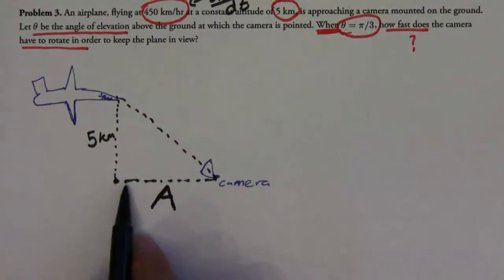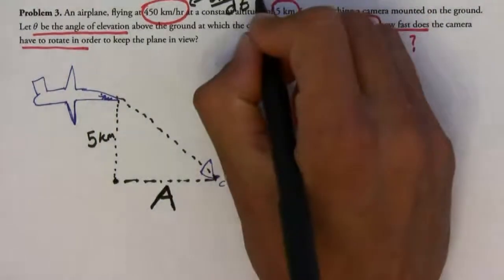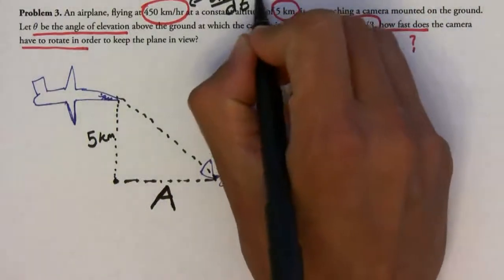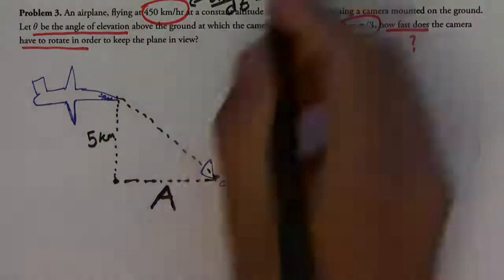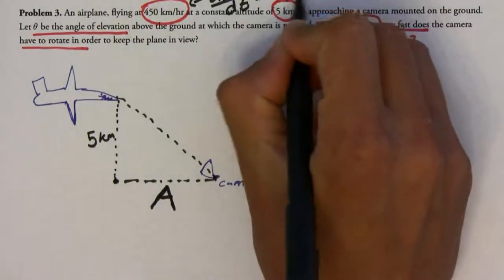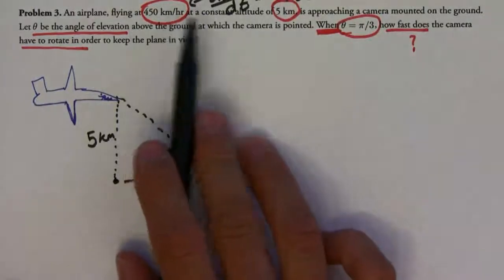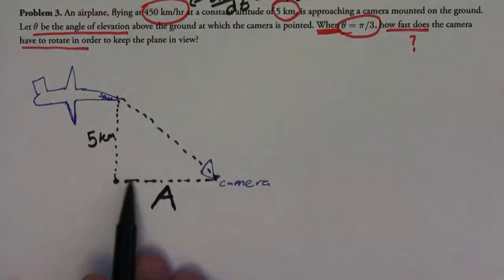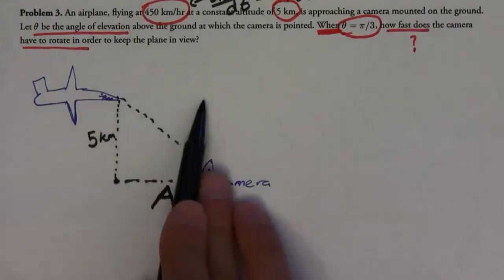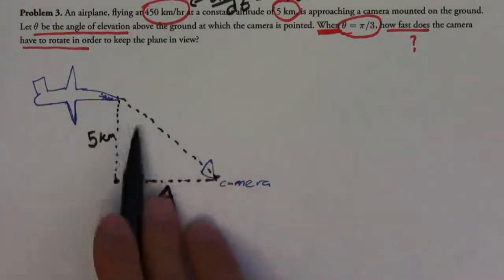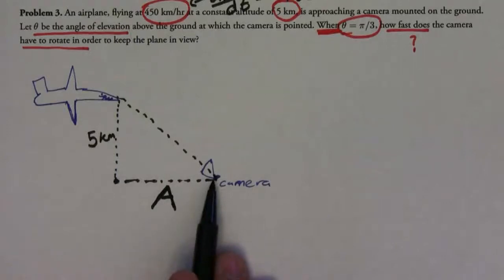And now notice that, so this is A, so that means the derivative of A with respect to time is going to equal 450. But now you have to be a little bit careful here, because notice that A, as the plane moves over this way, and you should always check this, A is going to get smaller.